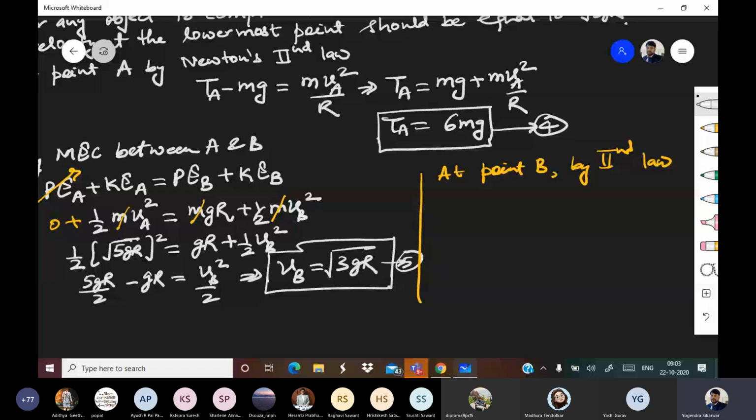So TB is equal to m VB square by R. You can see that there is no role of mg in this. So TB comes out to be m times VB square, which is root 3 gR whole square, upon R. Note, TB comes out to be 3 mg.